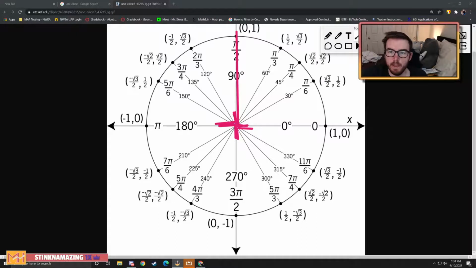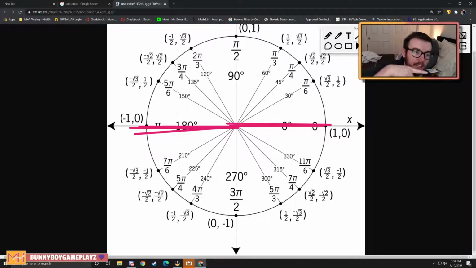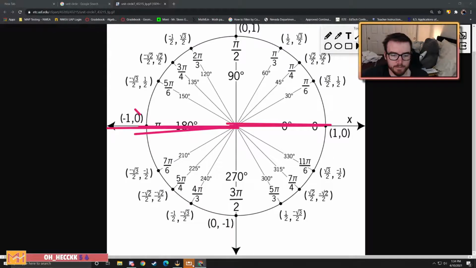So 5 pi would be, it opens up 1 pi, 2 pi, 3 pi, 4 pi, 5 pi. So 5 pi is on this side, right? It was going to be one of two places. 5 pi is going to be on the left there. So what is sine of 5 pi? 0, right? Sine is the y value. So the answer was 0.